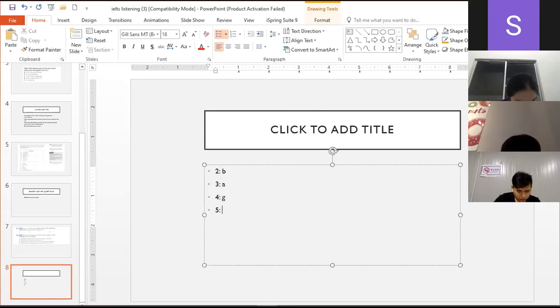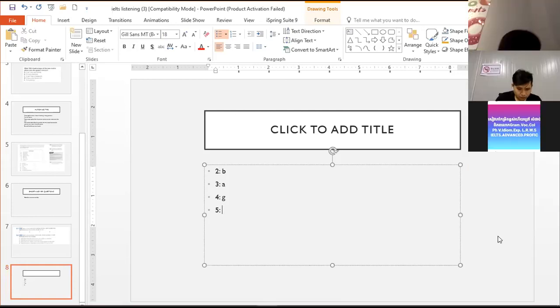Number 5, extract. It's a noun, don't forget. Extract is like a summary of something. You don't see the whole thing, but it's a short piece of something. F, yes, discovered as a result of an official study. Number 6, authentic.